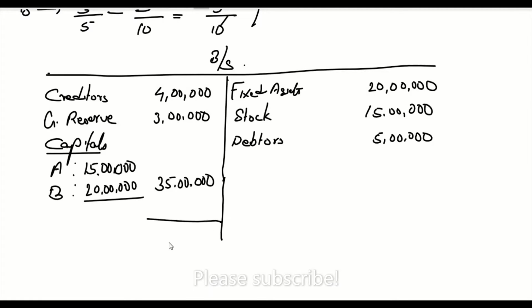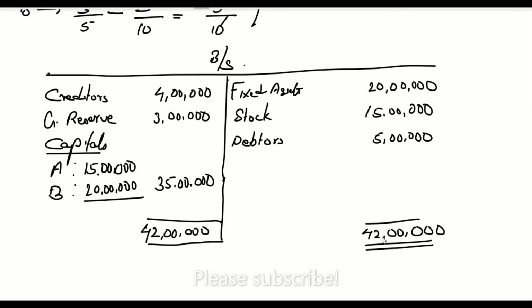So liability side total is 42 lakhs. So obviously it's a balance sheet, so liability side should be equal to asset side. So it's 42 lakhs. But let's try to total the assets. It's 20 lakhs plus 15 lakhs. That is 35 lakhs. 35 lakhs plus 5 lakhs, it's 40 lakhs.